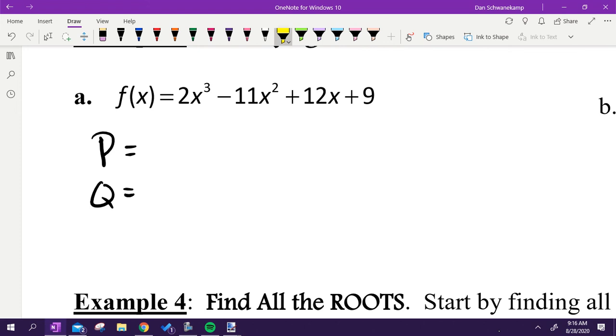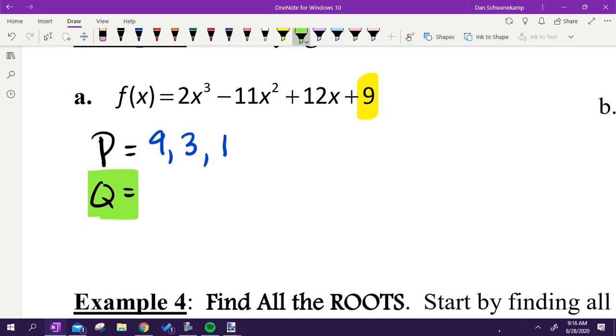The P in this problem represents the constant, whatever number's at the very end. So in this case, it's the number 9. And also included in my P list are all of the factors of 9. What things multiply together to get you 9? 9, 3, and 1. That is an exhaustive list of all the numbers that multiply together to get you 9.